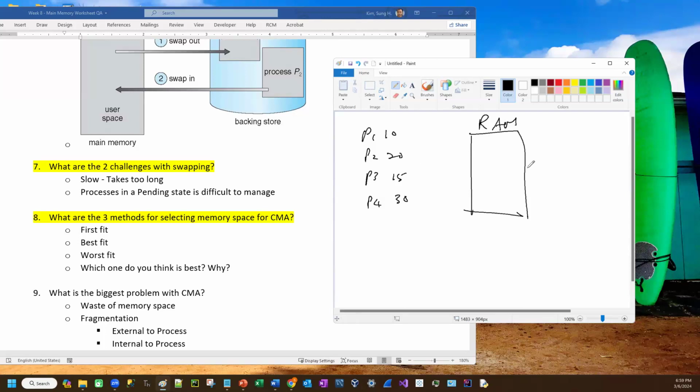So after a while, I have a space here. Let's say here I have a 15. I have let's say 30 here. And then maybe I have a 50 here. And then I have another 20 here, right? So those are the available spaces.